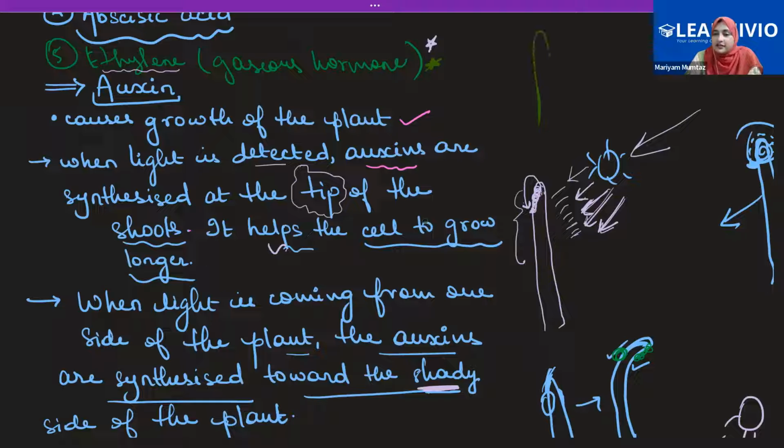So for example, if this is the plant, at the tip there is the synthesis of auxin. Whenever light is detected, and you know that plants grow in the presence of light only, the auxin will be synthesized at the tip portion and it will help the cell to grow longer.